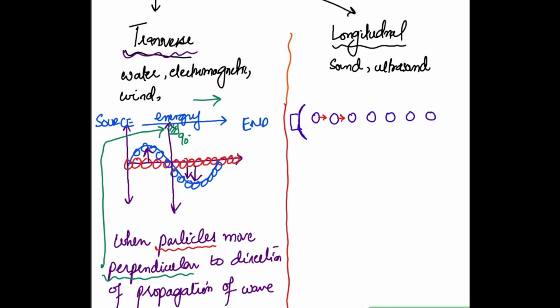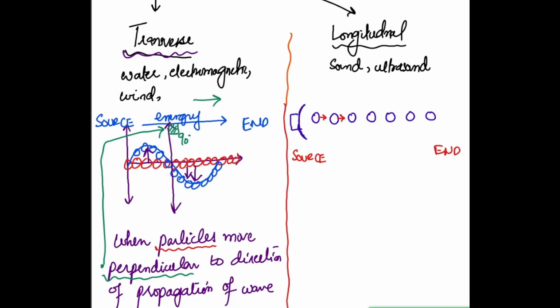So eventually from the source, after colliding with the neighboring particle, they transmit energy to the receiving end. So when you or your friend are talking to each other in a room, the particles between you and the person's ears are moving in this way so that they carry energy from you to that point.